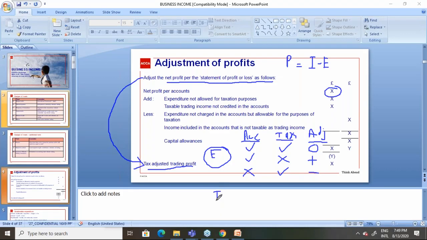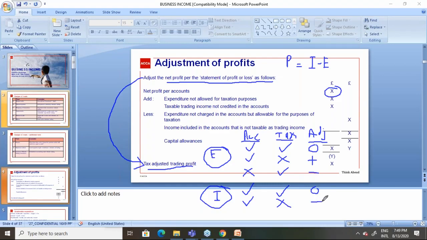Likewise, you can do a similar thing when you are adjusting income. Some income is chargeable and taxable in both accounting and taxation, then no adjustment is required. Some income recognized in accounting but not taxable in taxation, then you need to deduct that kind of income.